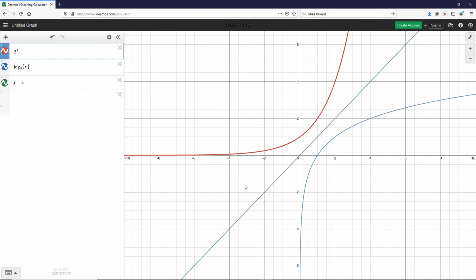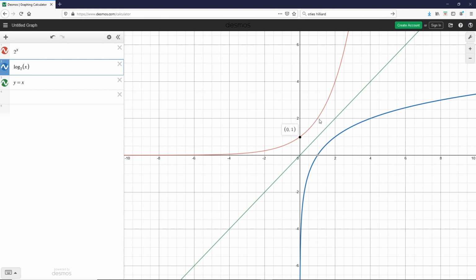Now, remember that these are inverse functions of each other. We know when x is 1, y is 0 for the logarithmic function, and we have the point when x is 0, y is 1 for its inverse on the red graph. And then when x is 2, y was 1.